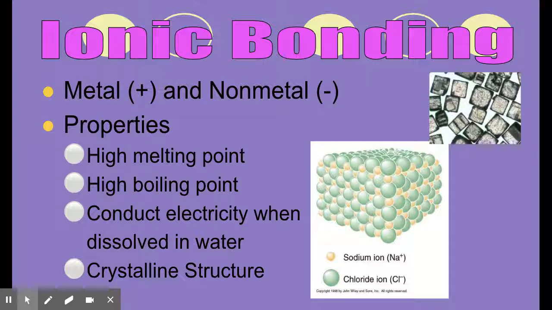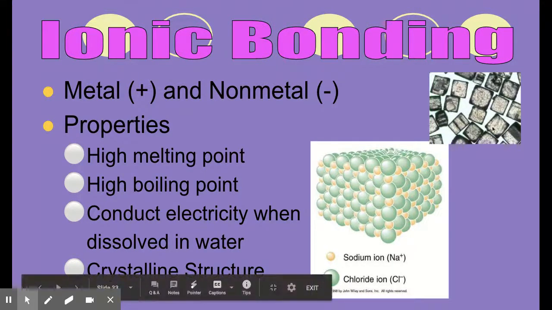Ionic bonds give you crystalline structures, and the reason is that it's such a strong bond. When you get a crystalline structure, you get a regular repeating pattern to the bond structure. The other small picture here is an up-close view of salt. This is the molecular diagram of the arrangement of those molecules, and this is an actual photograph.